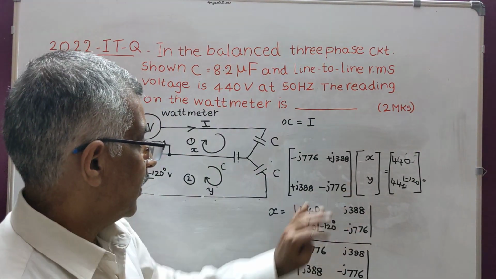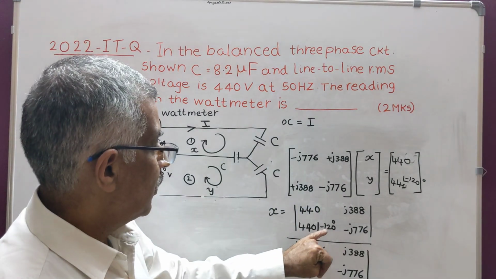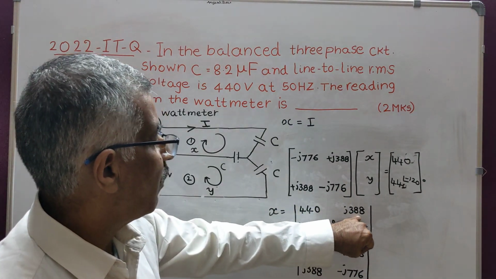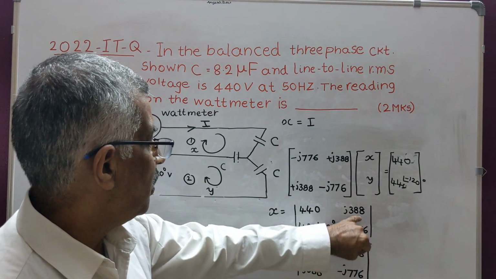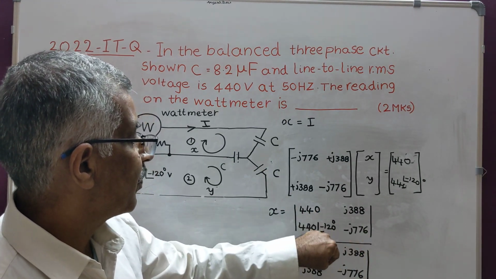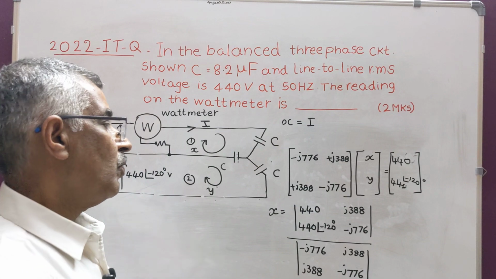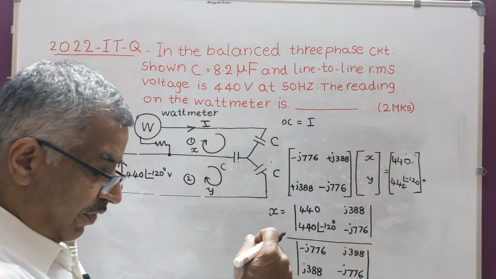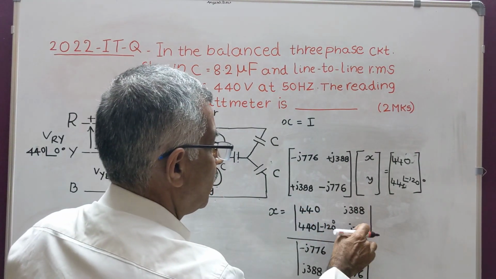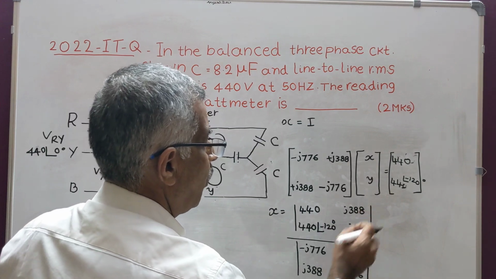While calculating the determinant, one is in Cartesian form, these two are in Cartesian form, and these two are in polar form. So we have to convert these into polar form.